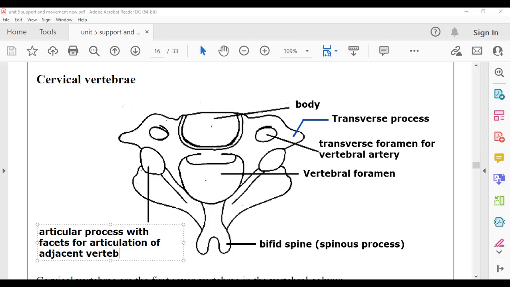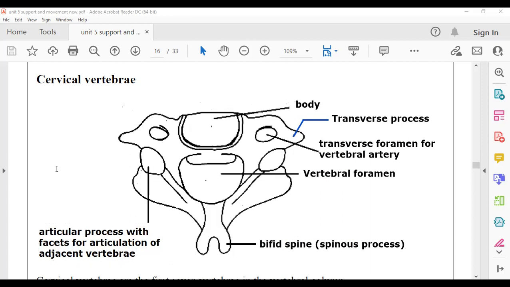Actually, the superior articular process, inferior articular process, that kind of one it is. So this is the overall idea.